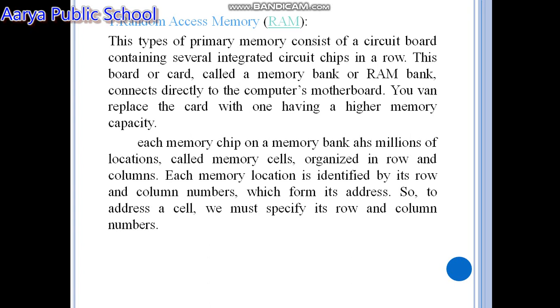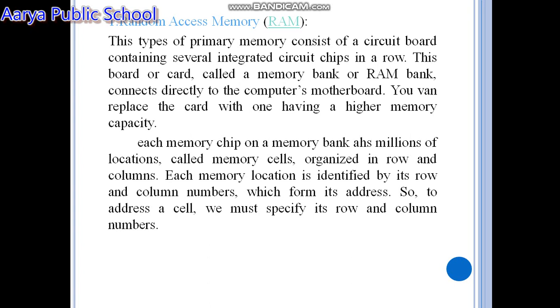This board is called a memory bank. The computer motherboard is a very important part of the computer, the main part, and our RAM is attached to the motherboard.